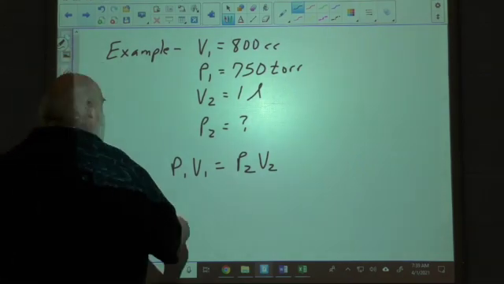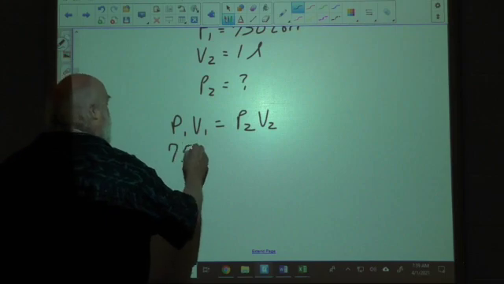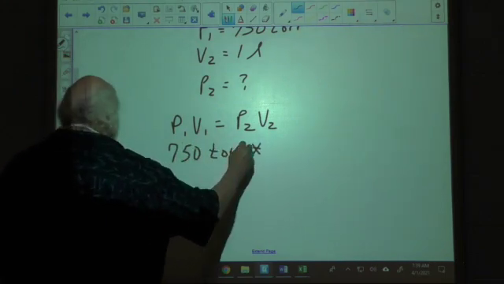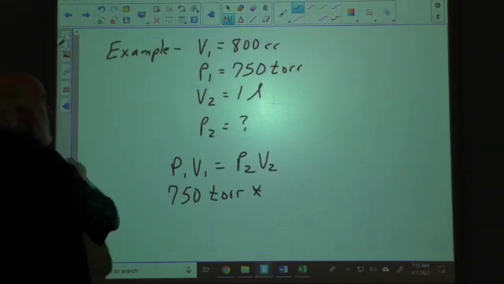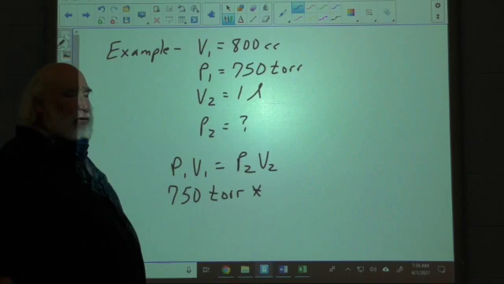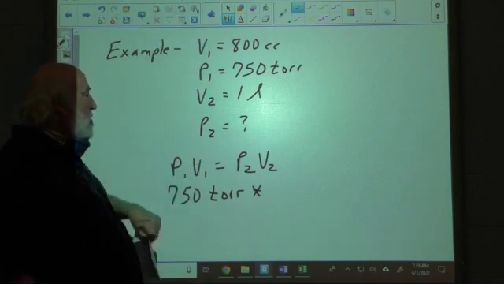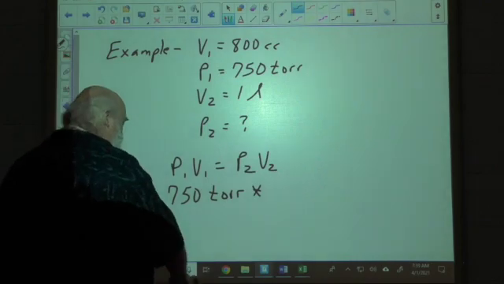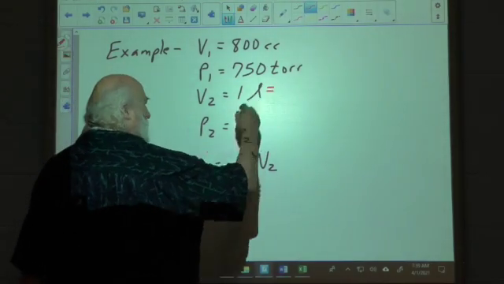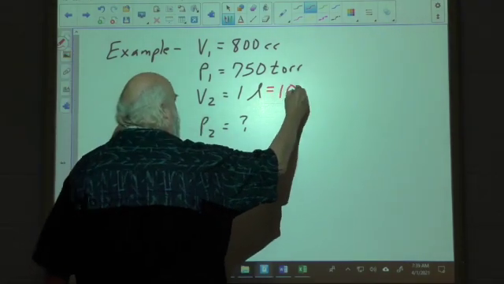So, first pressure, 750 torr, times. Now, here's another thing we got to look at. Our volumes have different labels. This is in cubic centimeters, this is in liters, and I also find that, again, this is by definition, if it's just plain flat out there as a definition, that's the easiest one to use.